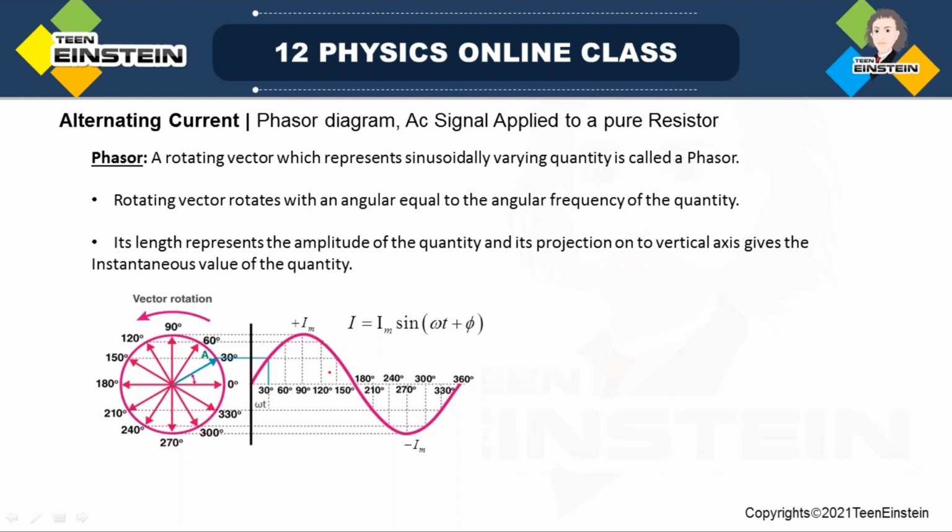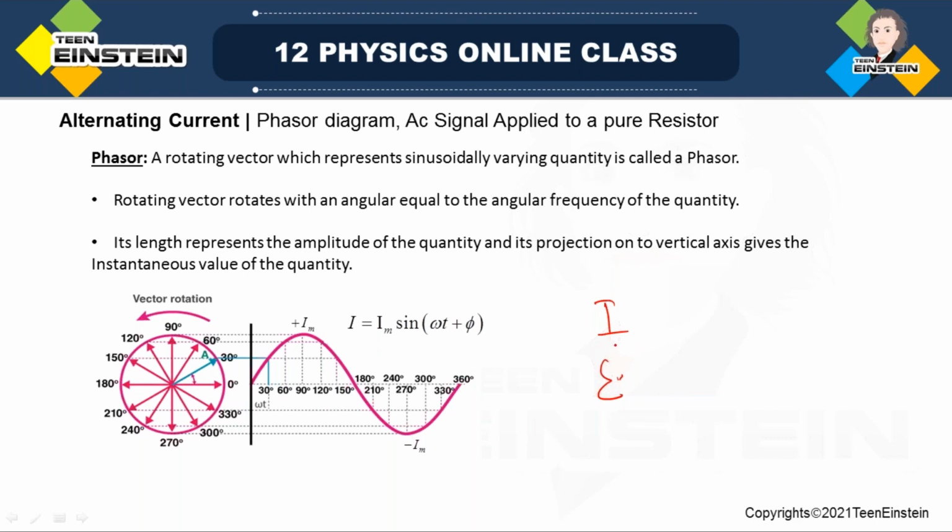So this is how a phasor or phasor diagram helps us to represent any sinusoidally varying quantity with a proper phase. In alternating current, we will be representing the current and the EMF by a phasor diagram, and with this we can easily represent these two quantities, EMF and alternating current, just by two vectors along with the proper phase angle.